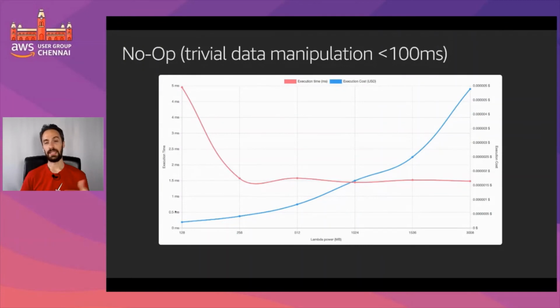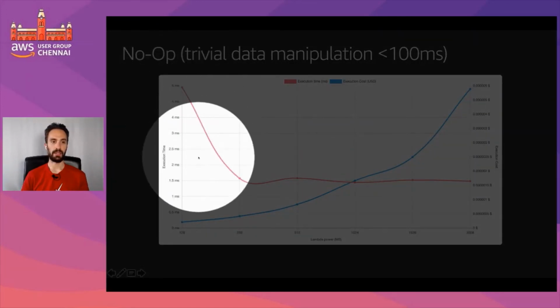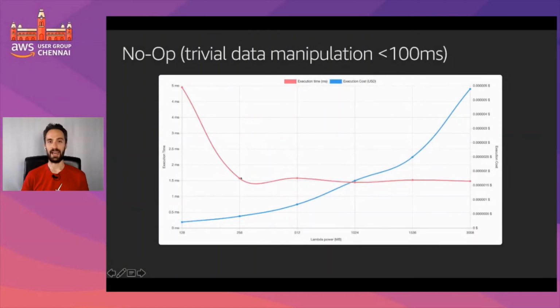On the other hand, you might see some impact in the performance. As you can see here, I'm going from about 5 milliseconds to 1.5 milliseconds. Now, it might not be a huge gain. If this was an HTTP API, saving 3 milliseconds is not crazy.